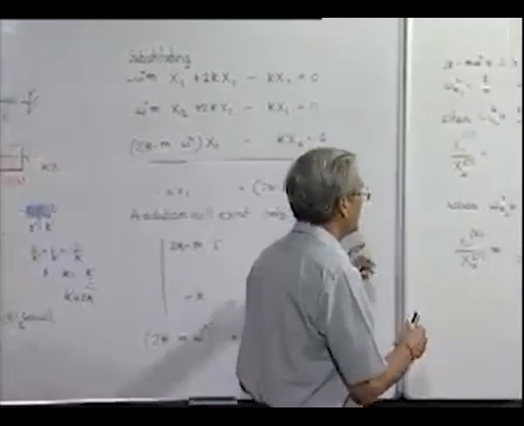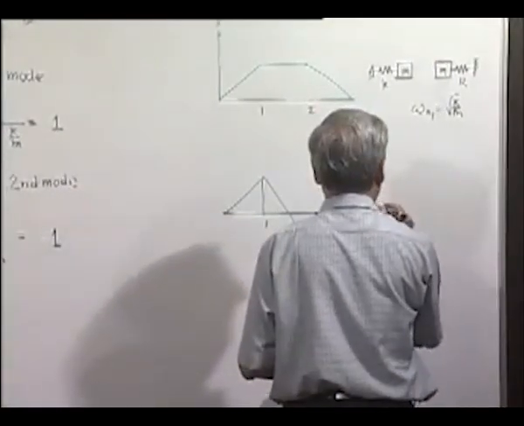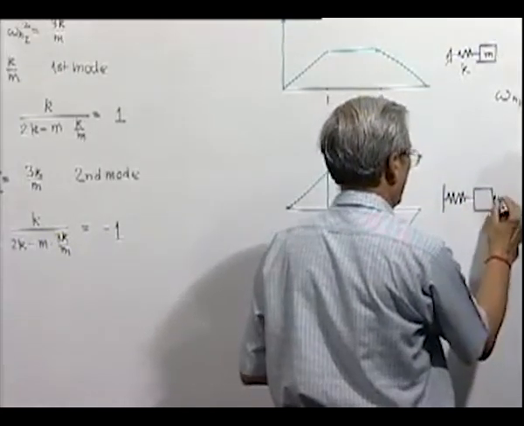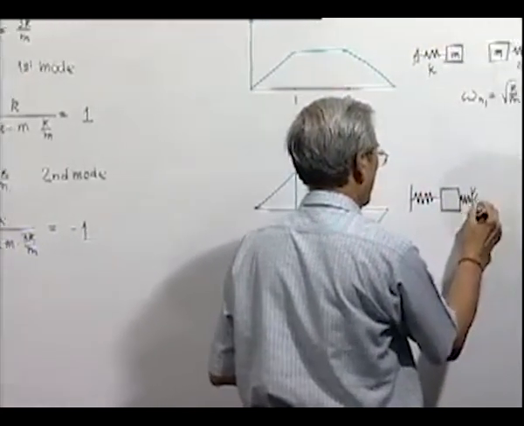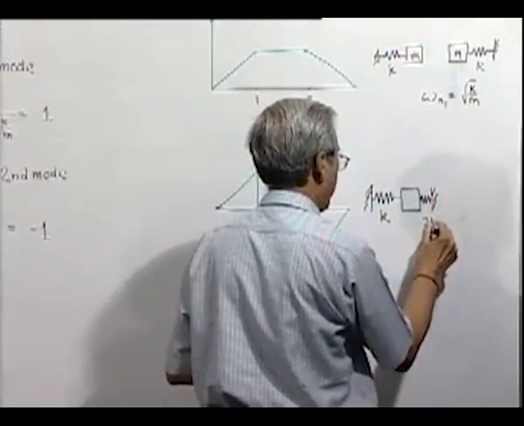So k prime will therefore be 2k. So if the spring length is half, each half will have a stiffness which is double the stiffness of the original spring.